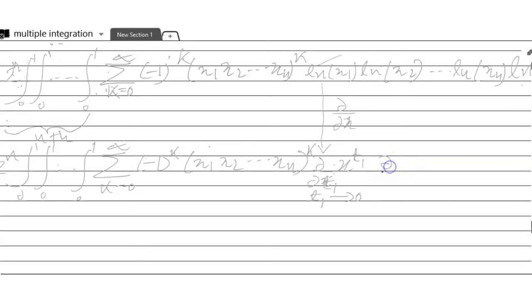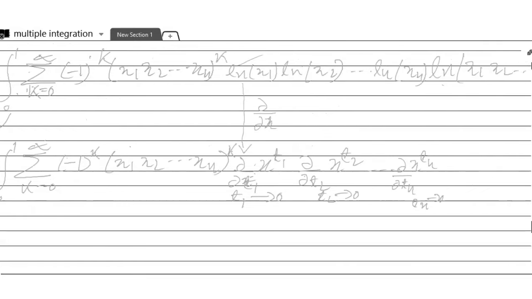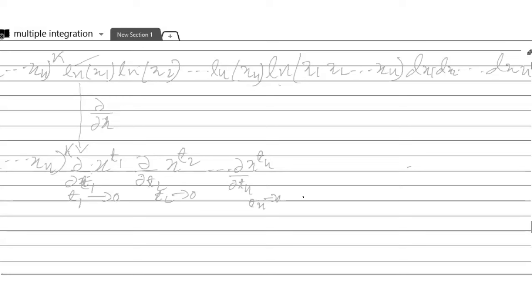So del del t2 of x to the power t2 up to del del tn of x to the power tn, as t2 tends to 0, tn tends to 0, and so on, and del del s of x1 x2 up to xn whole to the power s as s tends to 0, because I apply this formula as ln is there, so I can use one derivative and this term.